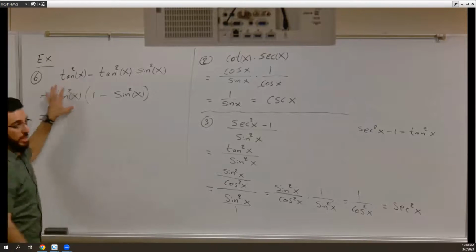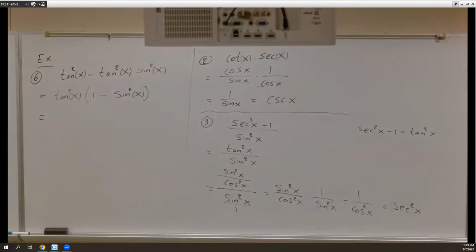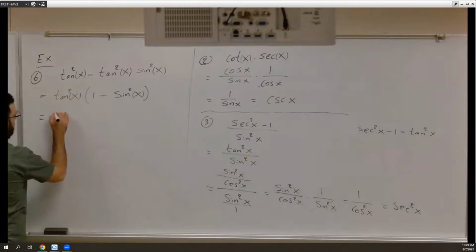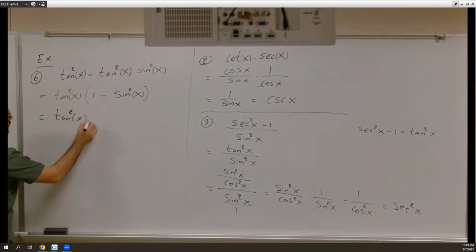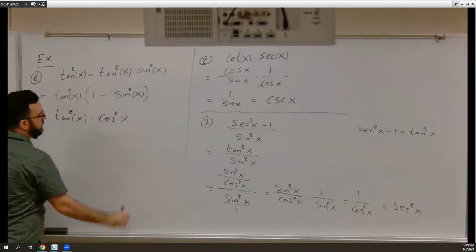Cosine squared. You see over there, what it says? Cosine square is 1 minus sine square. Is that the same thing between the parentheses? So what I'm going to do, I'm gonna say, okay, here's the tangent square x times, this is cosine square x.